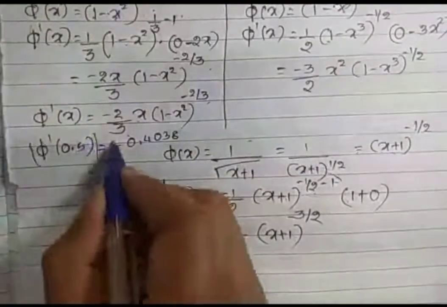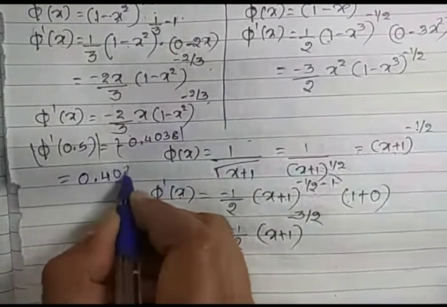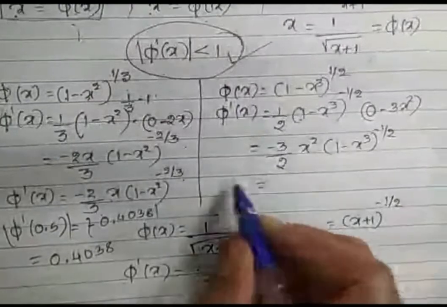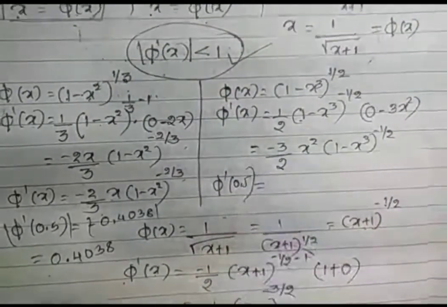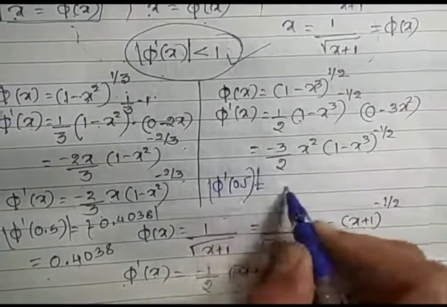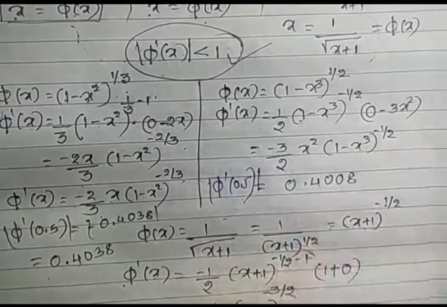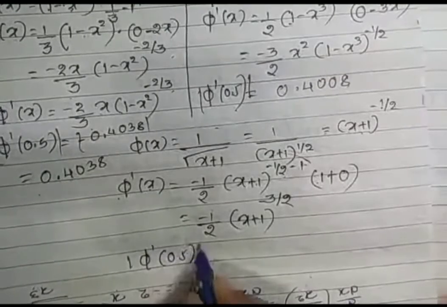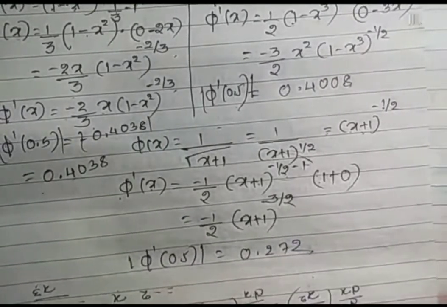So when we take the modulus, the first case answer is 0.4038. Similarly, if we replace the second case x value as 0.5, then after taking the modulus, the answer is 0.4008. And in the third case, the modulus of phi dash of 0.5 is 0.272.